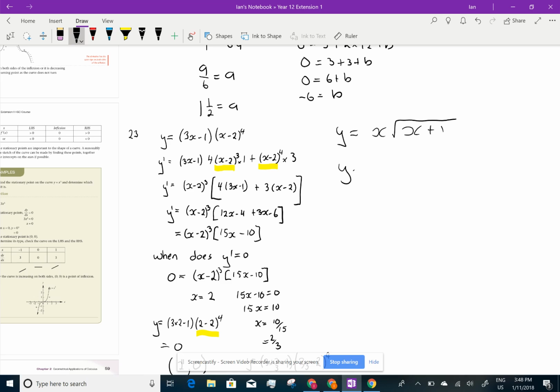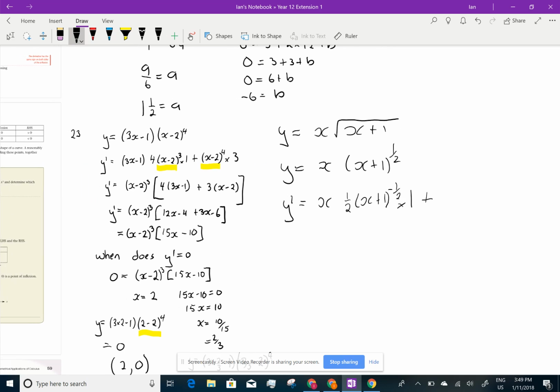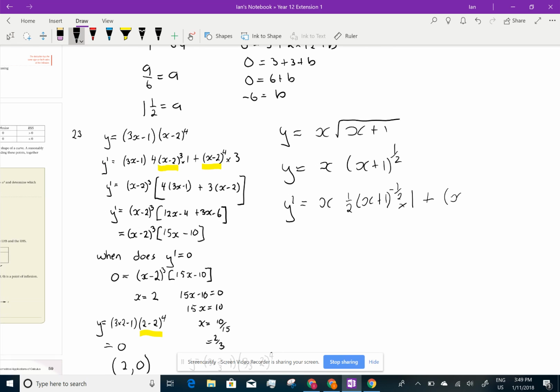Well, we have to write things in index notation to differentiate them. X times x plus 1 to the half. And again, I'm going to need the product rule. So the derivative, y dash, is the first, x, times the derivative of the second, which is a half, x plus 1 to the minus a half, times the derivative of what's inside, 1, plus the second, x plus 1 to the half, times 1.